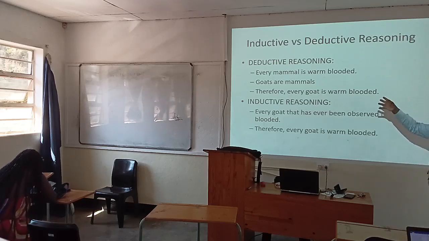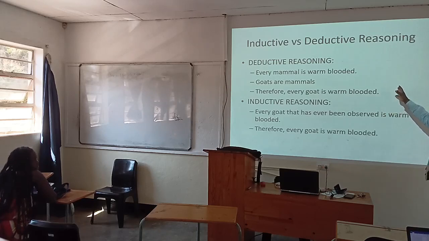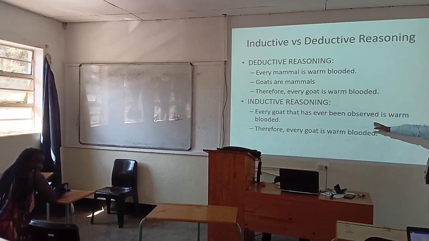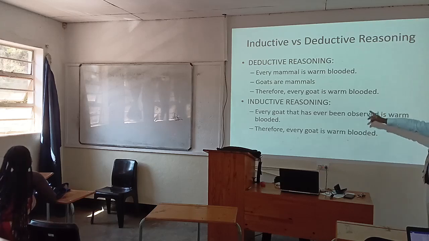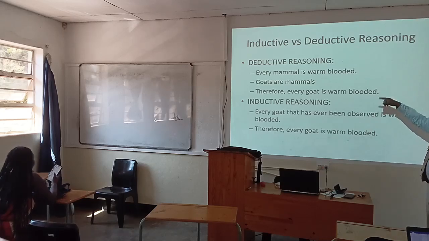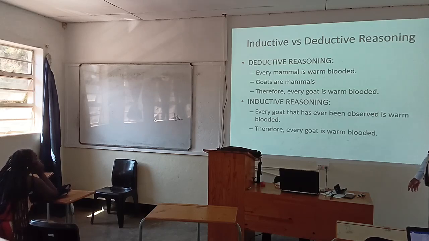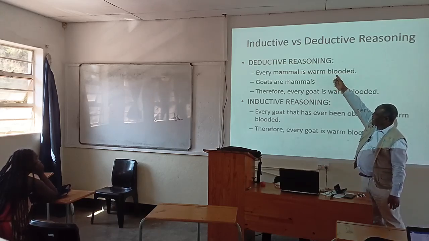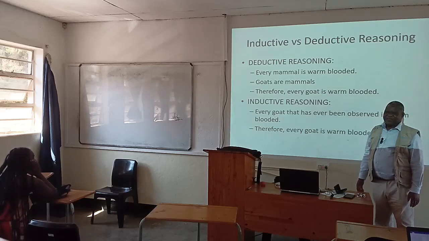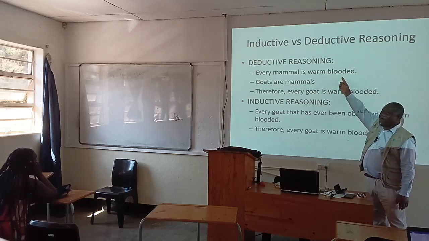So if you were just to compare deductive reasoning and inductive reasoning, these two sets of statements I've put here are giving an example. Every mammal is warm-blooded. Goats are mammals, therefore all goats are warm-blooded. That is deductive reasoning. We are using a fact, every mammal, but you can still question where that fact is coming from.